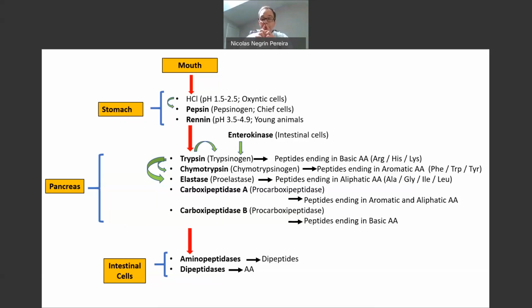And if you look carefully here, you see that carboxypeptidase A attacks those peptides that end in aromatic and aliphatic amino acids, which were the ones formed by chymotrypsin and elastase. And carboxypeptidase B will attack peptides that end in basic amino acids, which, if you see from above, were those peptides formed by trypsin.